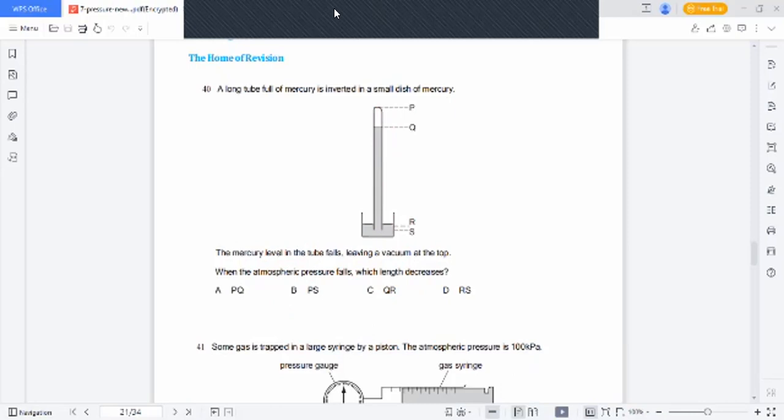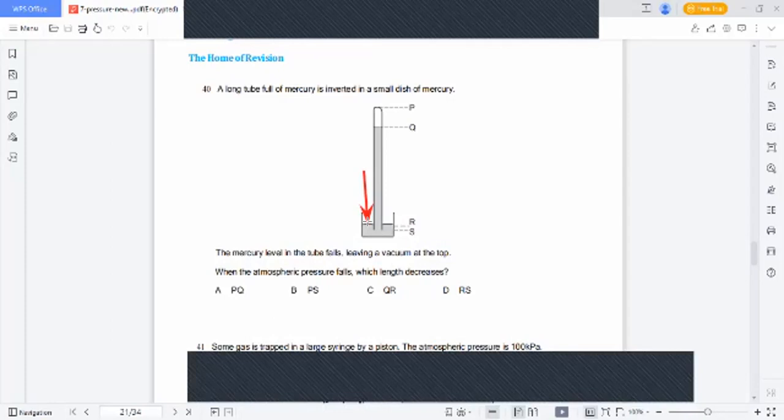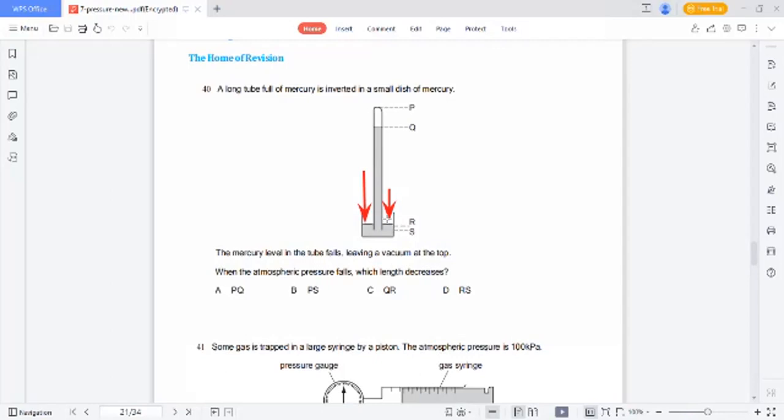The science behind it is that atmospheric pressure acts here, in the open air, and pushes this liquid in a downward direction. Here is an open position from where this mercury moves in an upward direction. I'm going to repeat it.